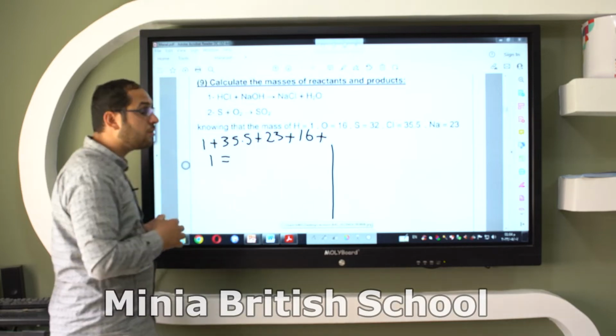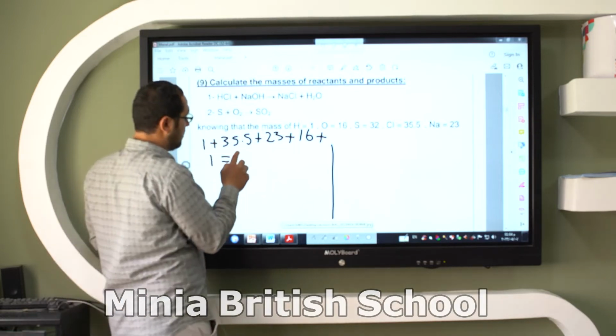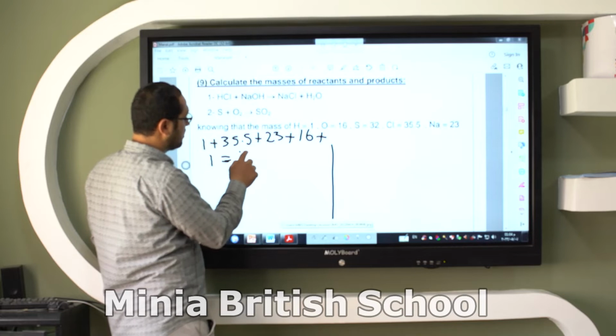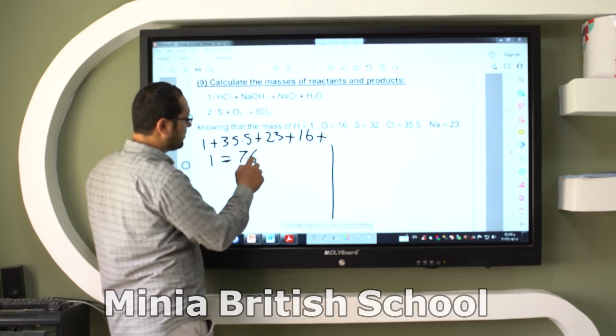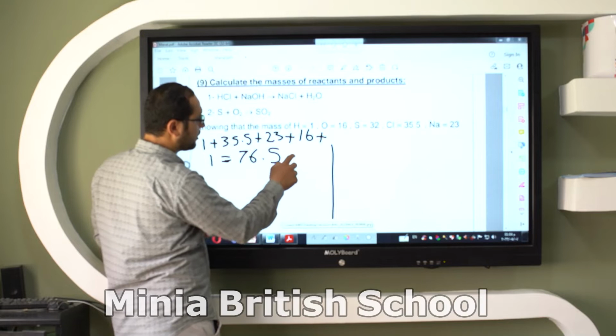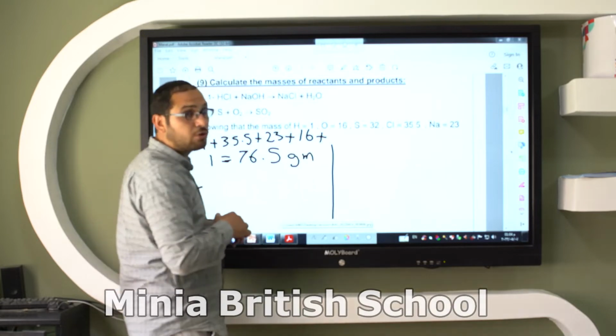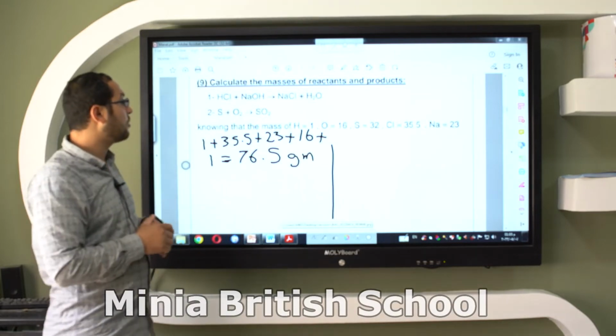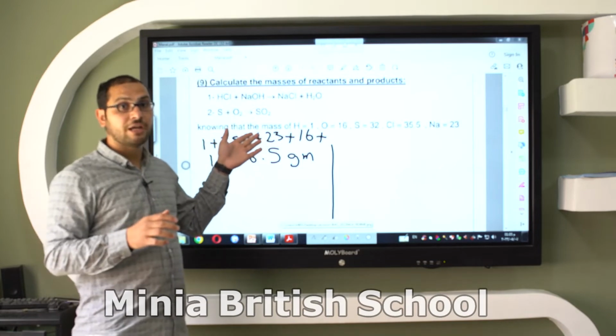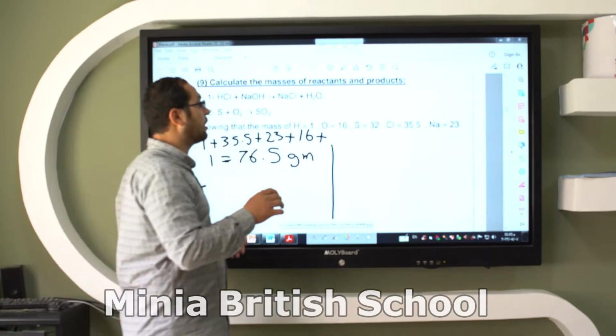Okay, all of these equals 76.5 gram. The measuring unit of mass is gram. Okay, this is about the reactants. What about the products?